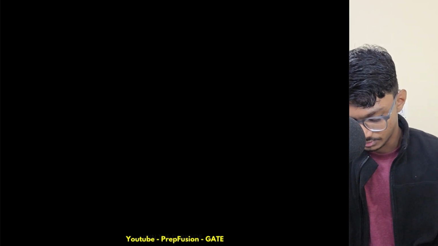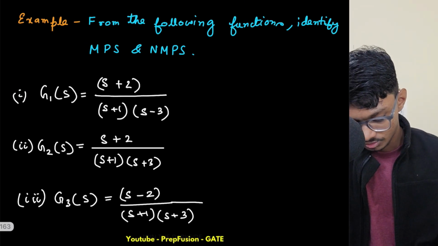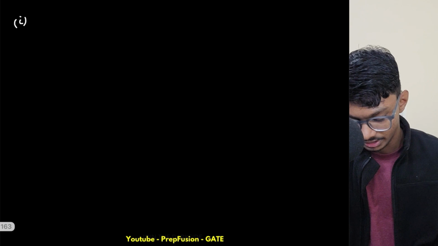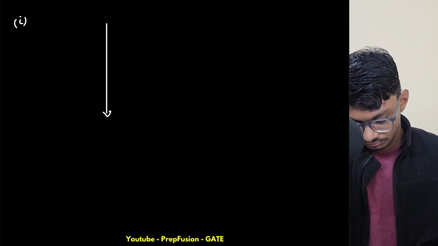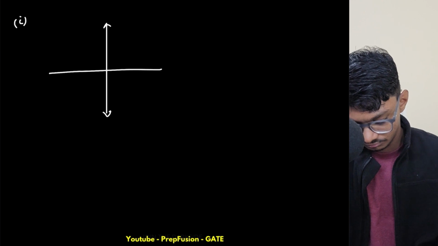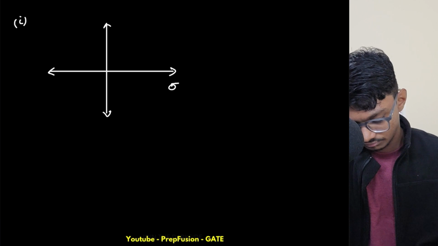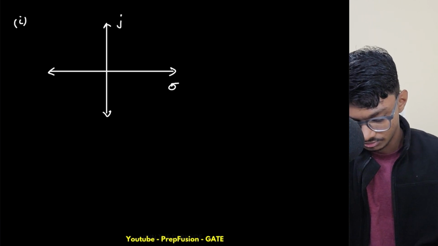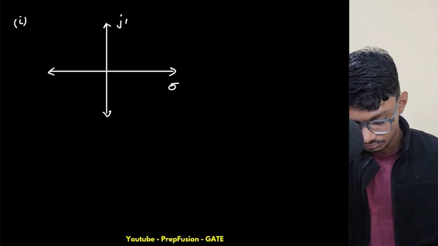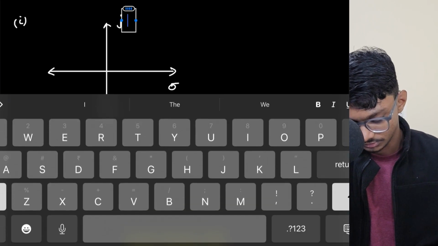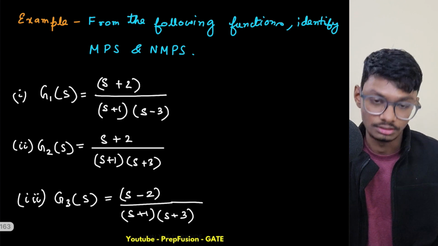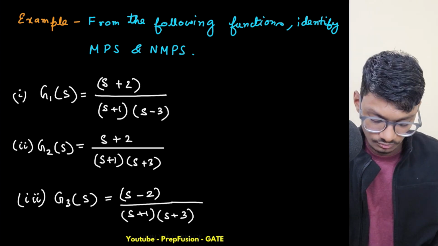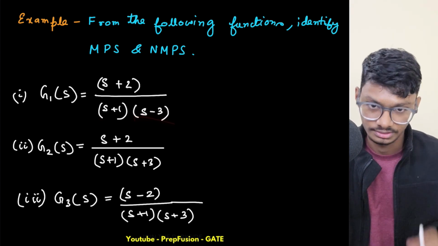So let's solve the first one. Let me draw the pole zero diagram directly. Sigma, j omega. Where are my pole locations? One of them is at -1 and another one is at +3.